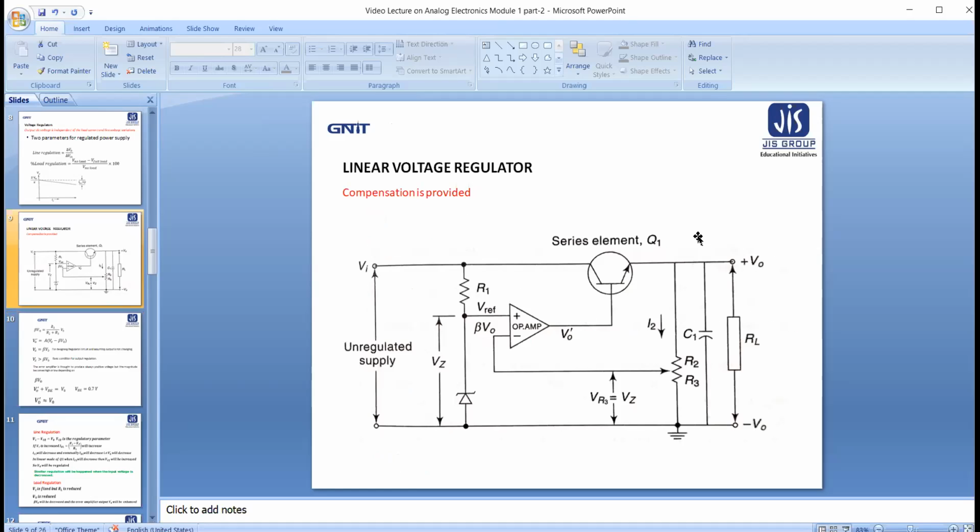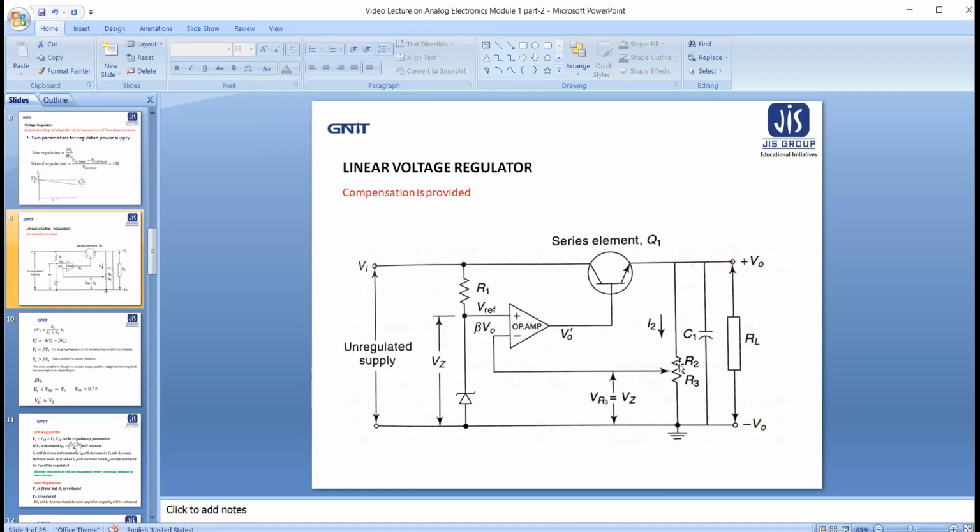If you look at the circuit, you will see that the output voltage appears across this potentiometer, and due to the potentiometer, some fraction of the output voltage goes to the op-amp, because the input is connected to the potentiometer.